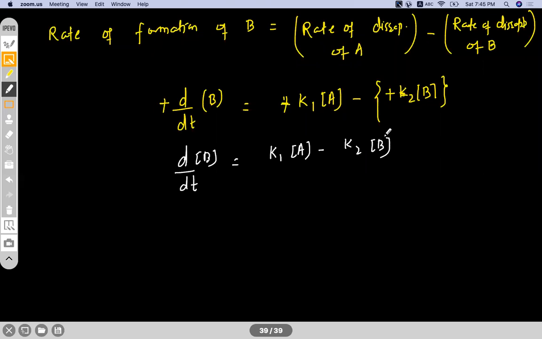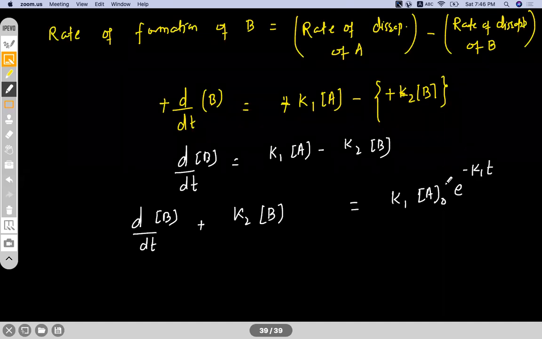So what we can do here, you see, we have d concentration of B by dt plus K2 concentration of B is equal to K1, and concentration of A we have A naught e to the power minus K1T, correct? Yes, sir. Now we need to solve this.